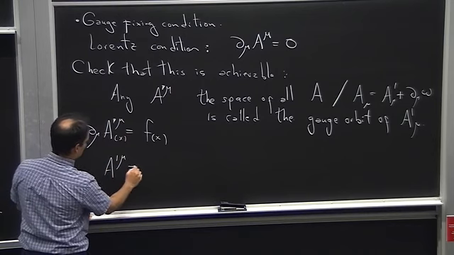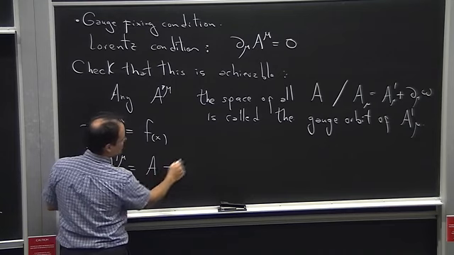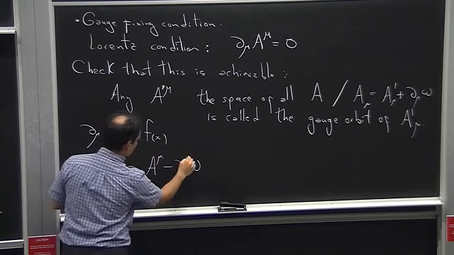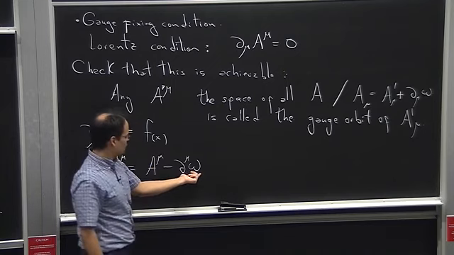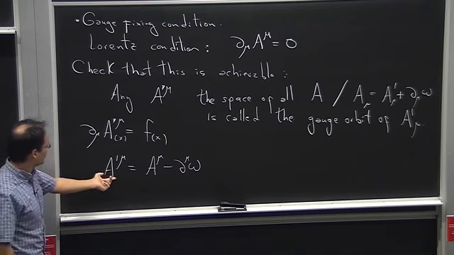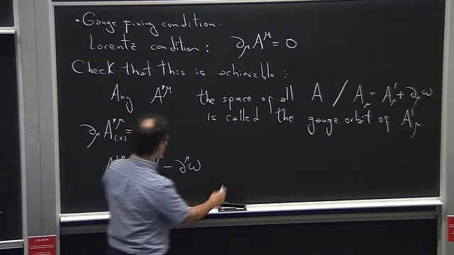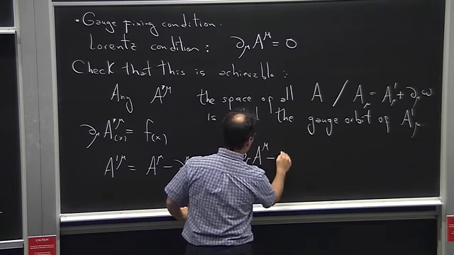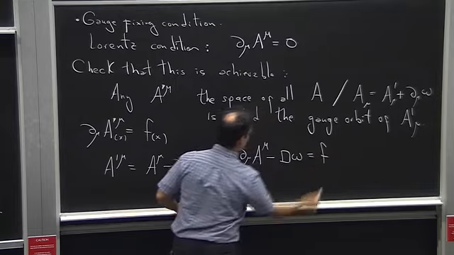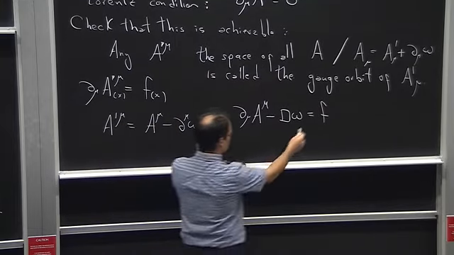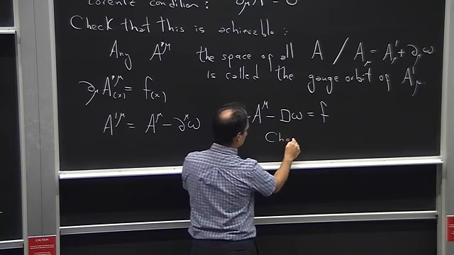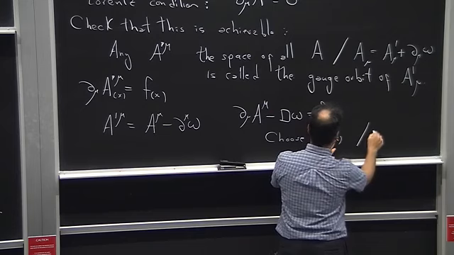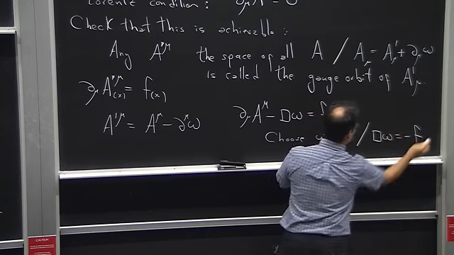Let me write A prime as something minus a gauge choice, something that is in the same gauge orbit as A prime. I just put it in here, and then what I get is something that looks like this. But now we can choose our function w of x such that this is true.